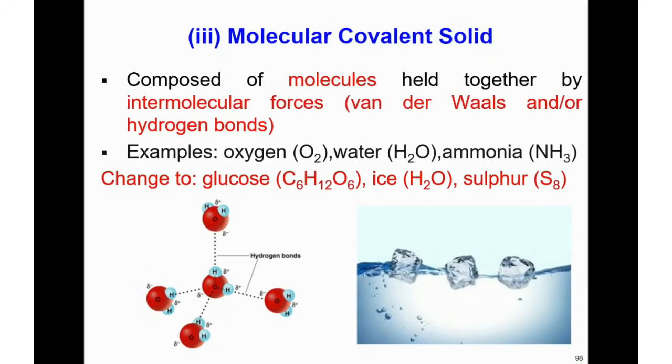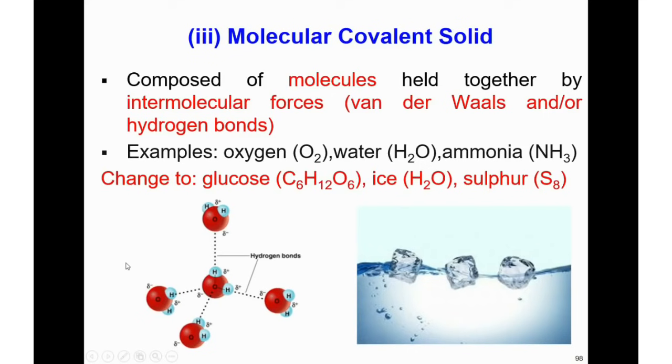Please change the examples given in your notes to glucose, ice, and sulfur, because the examples given in your lecture notes are incorrect. Oxygen is in the form of gas, so it is not solid. Water is liquid, and ammonia is gas, so we cannot consider them as solids. Please change all these examples.